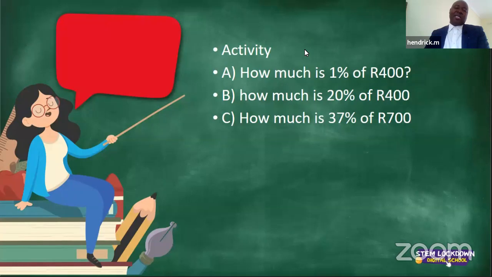So 1% is the same as 1 out of 100. And then, of course, you multiply that by 400. So as you said, PEC, you are correct, because 400 divided by 100 gives you 4. So yes, I fully agree with you. 4 is the correct answer in this case.